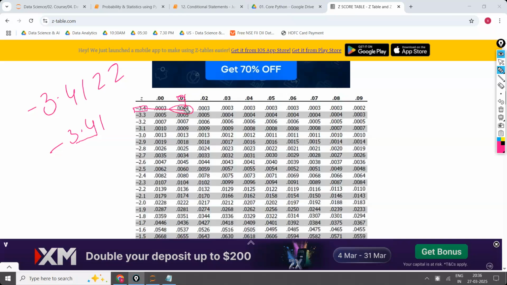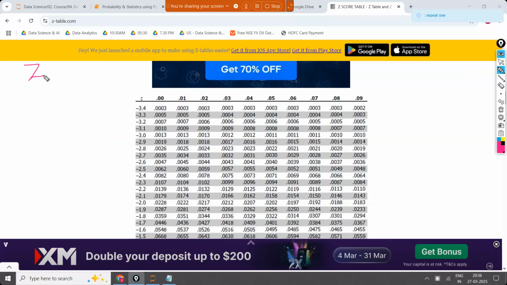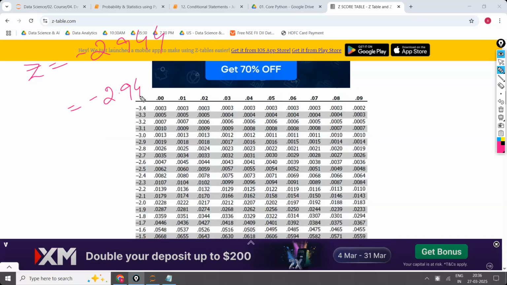Everyone, one more example. Now, for example, your Z value is minus 2.944. Up to how many decimals do you have to make first? 2 decimals. Now, what is the round figure of 2 decimals? 2.94.